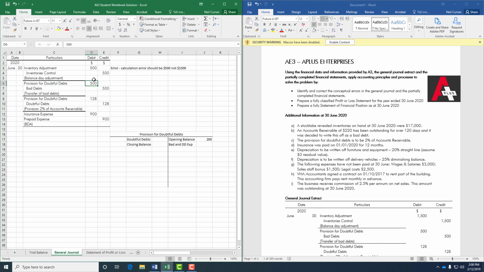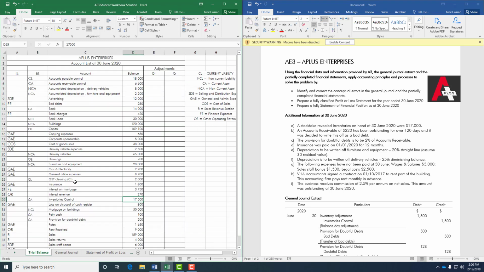Okay, the next one here is writing off of a bad debt. Now there are 2 parts to writing off a bad debt. One is to write off the bad debts itself to the provision account, and that information you'll find here in your trial balance. So if we look for bad debts, we have to write this $280 off to the provision for doubtful debts.